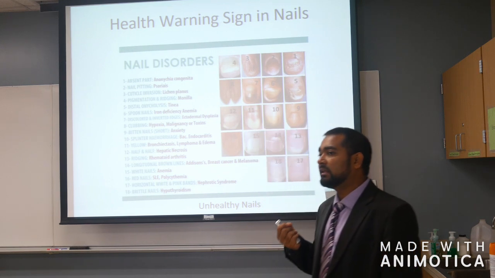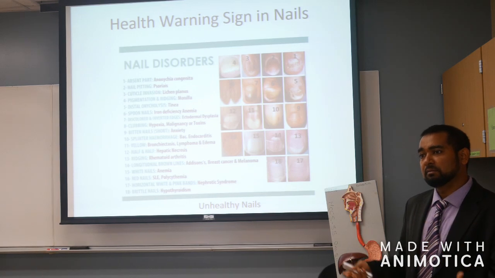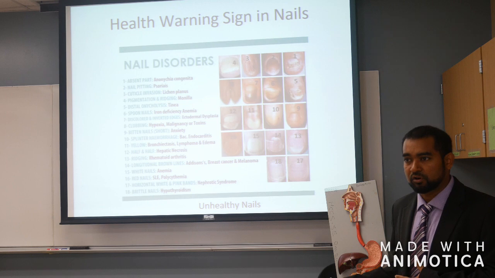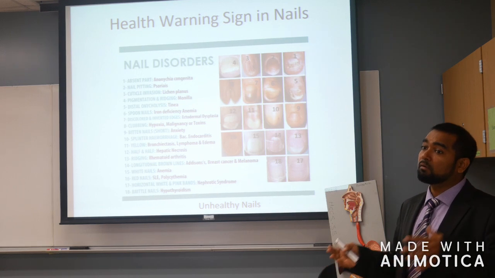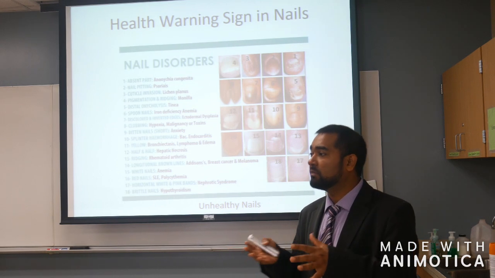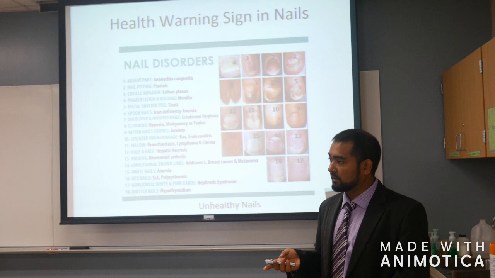So face, nails, and tongue, everything together, you can get an estimation of which organs this person needs support for. Does he need more fatty food, more minerals, more protein-based diet? That's how you advise your patients and clients.